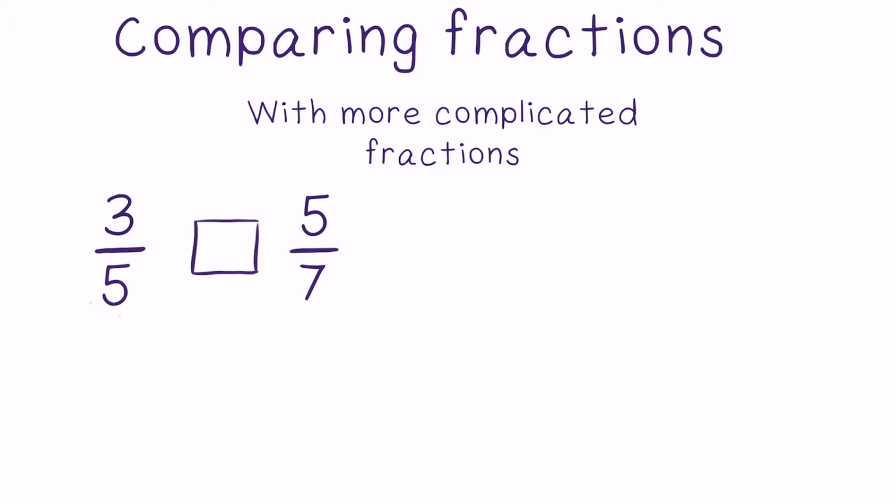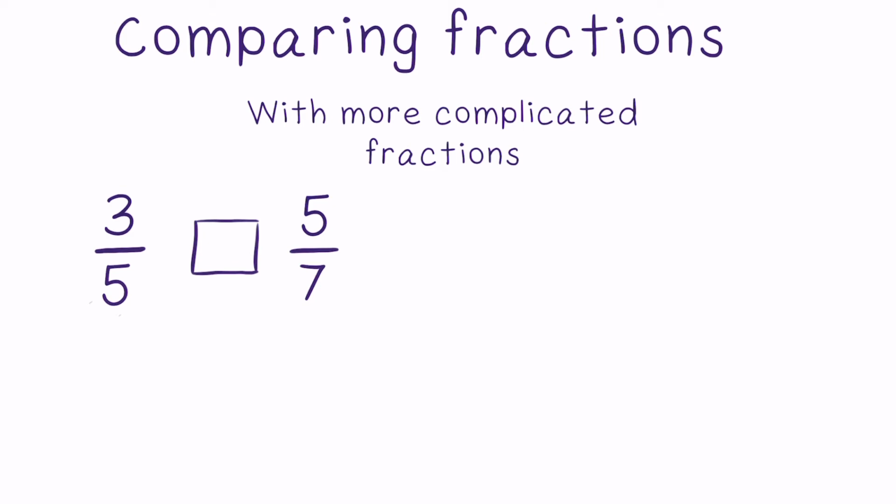In this case, it's pretty obvious, but with bigger numbers, what I like to do is take the smaller of the two denominators and skip count to see if the second denominator falls within its multiples. So in this case, I would say 5, 10, 15. Okay, well, I know 7 is not going to fall within the multiples of 5, so 5 is not a product of 7. So I can't use the strategy that we used yesterday.